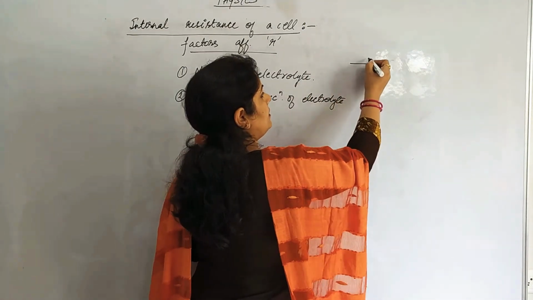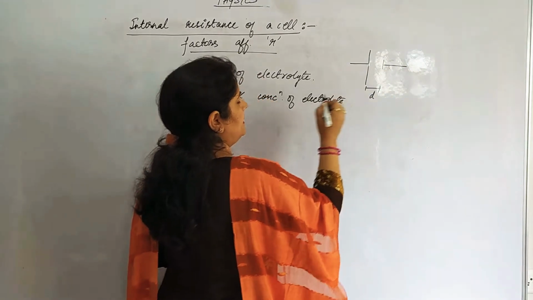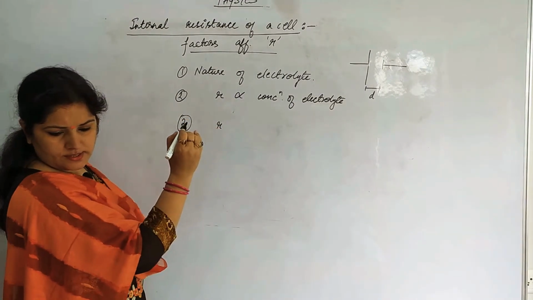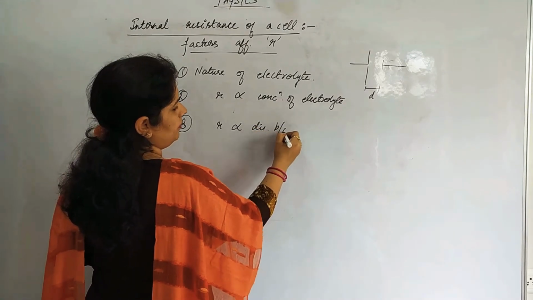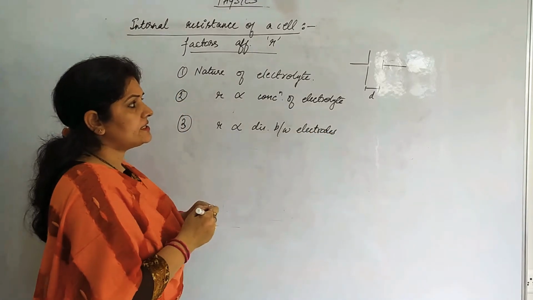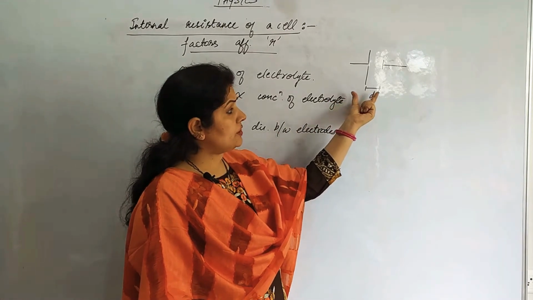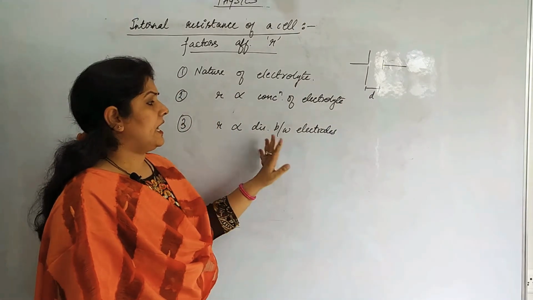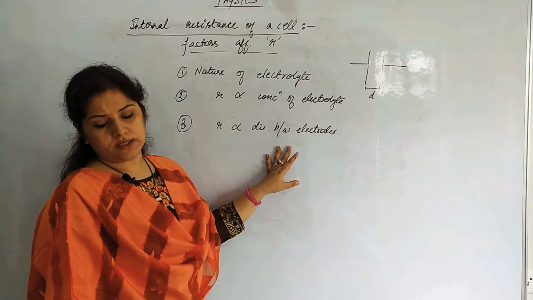This is electrode 1, positive and negative, and the distance between these two is D. Third, internal resistance is directly proportional to the distance between electrodes. Lesser the distance between the electrodes, less will be the internal resistance. More the distance between the electrodes, more will be the internal resistance.